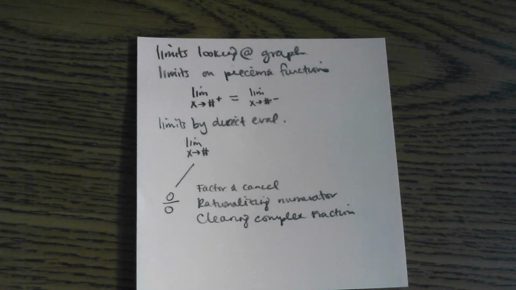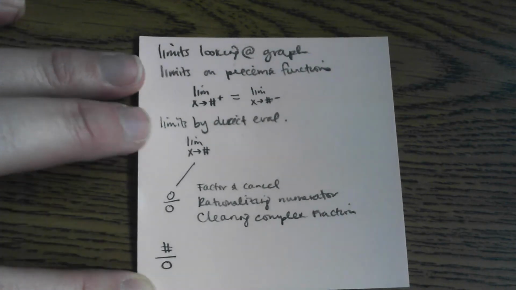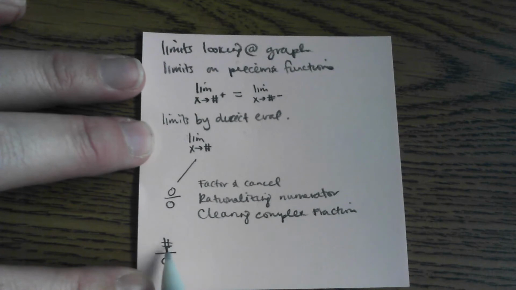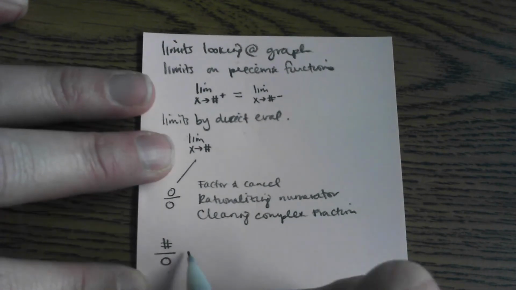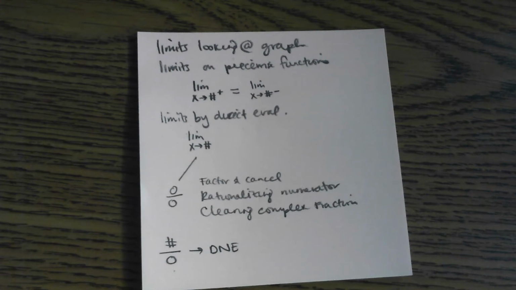Okay? Then there's cases where you plug in and you get a number divided by 0. As long as that number is not 0 over 0, this limit does not exist. But then the further stipulations come in when you get that it doesn't exist, but it's not existing because there's a vertical asymptote there. And if there is a vertical asymptote there, then you need to further delve into, is it going towards positive infinity as I approach that asymptote, or negative infinity?